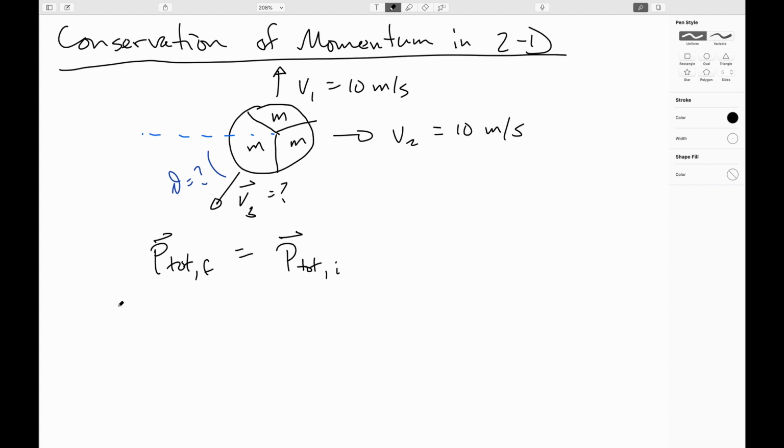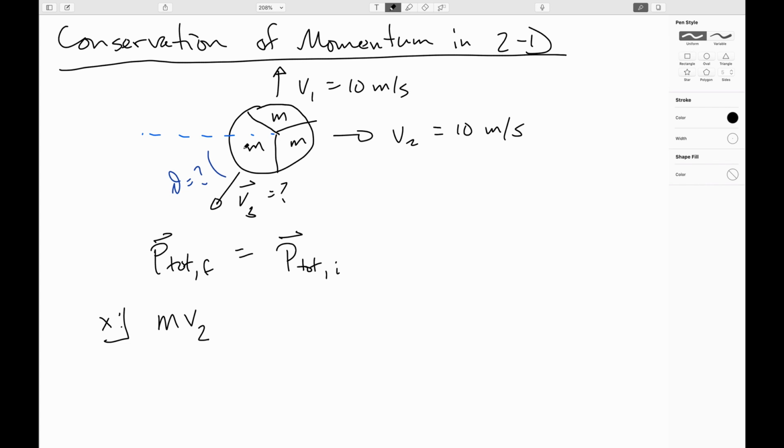So we will have to express this momentum conservation in both x and y. So when I look at the x component, this piece of plate here is flying straight to the right. So its momentum is directed entirely along x and its magnitude is mv2.